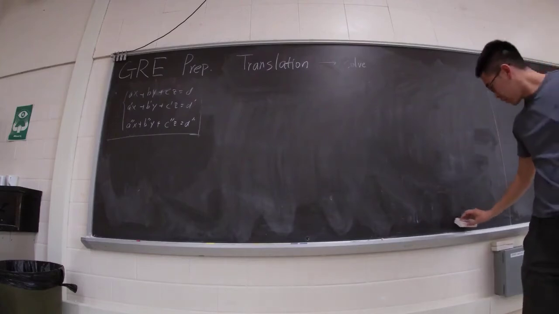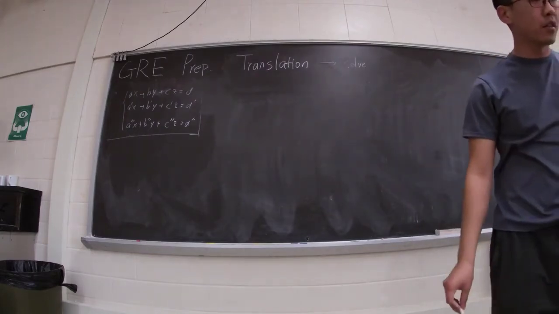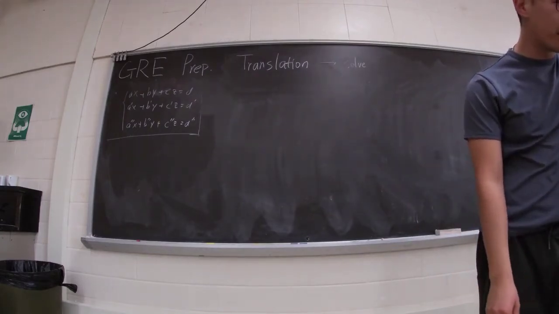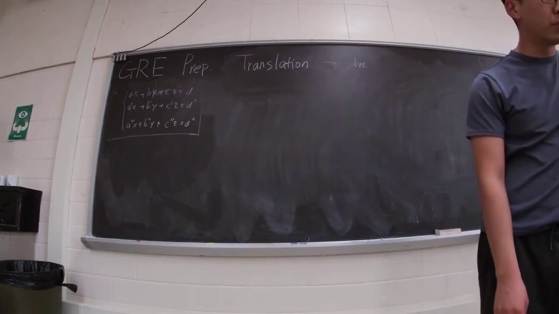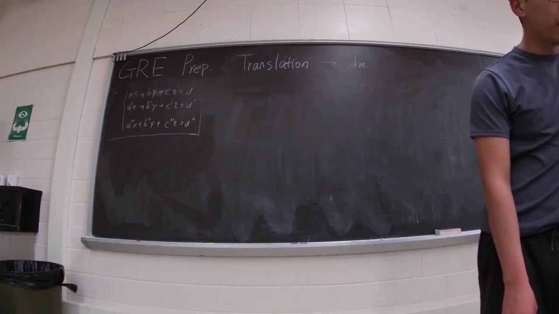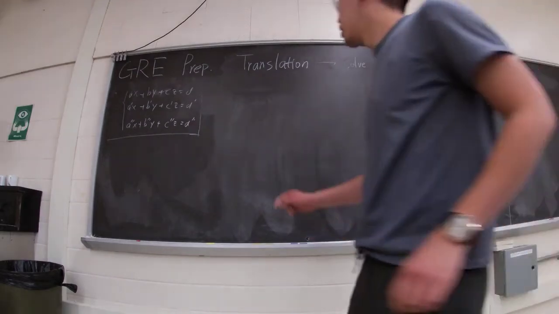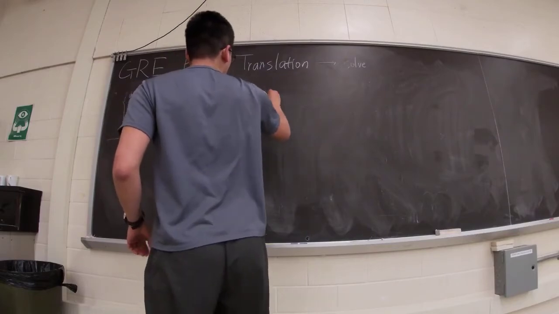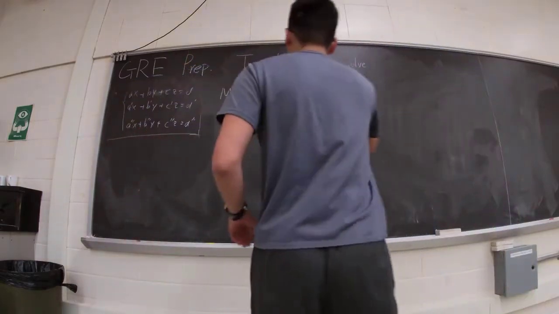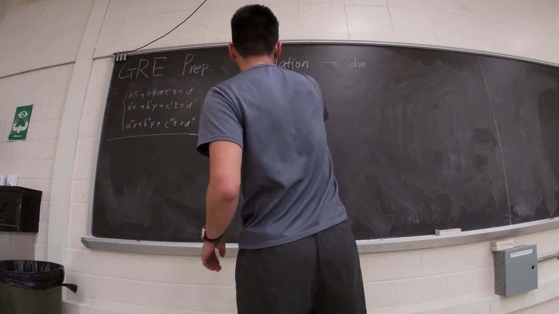So I'll just do that along the way to show how fast it can be done. Assume there's a particular zoo. 2/5 of all the animals are mammals. So mammals is 2/5 of the total.